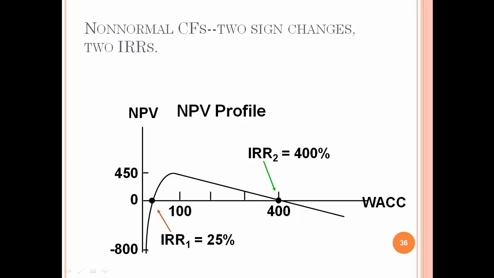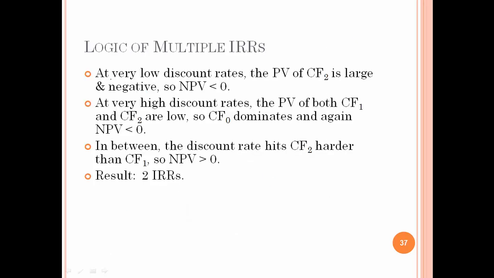So the NPV actually goes up as the WACC gets higher, and then after this point, the NPV starts to go down, and so the whole curve meets the x-axis twice. To understand this, we realize that at very low discount rates, the present value of the second year's cash flow is large and negative, so NPV is lower than 0.